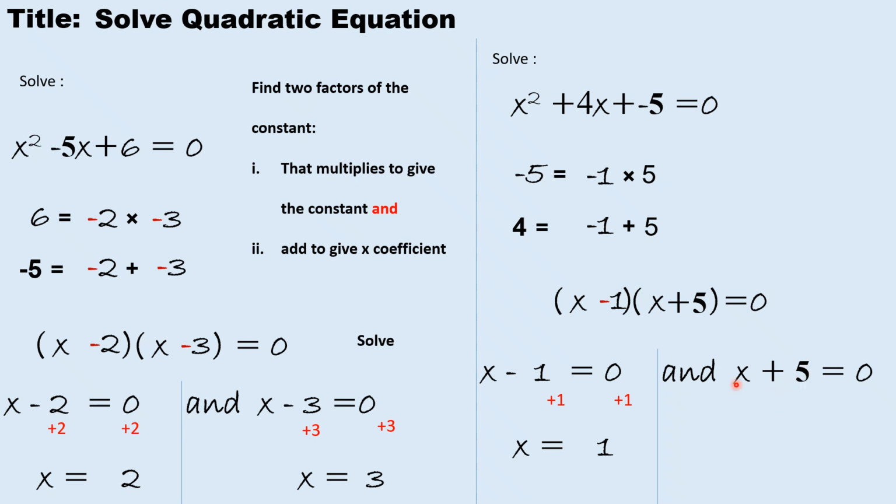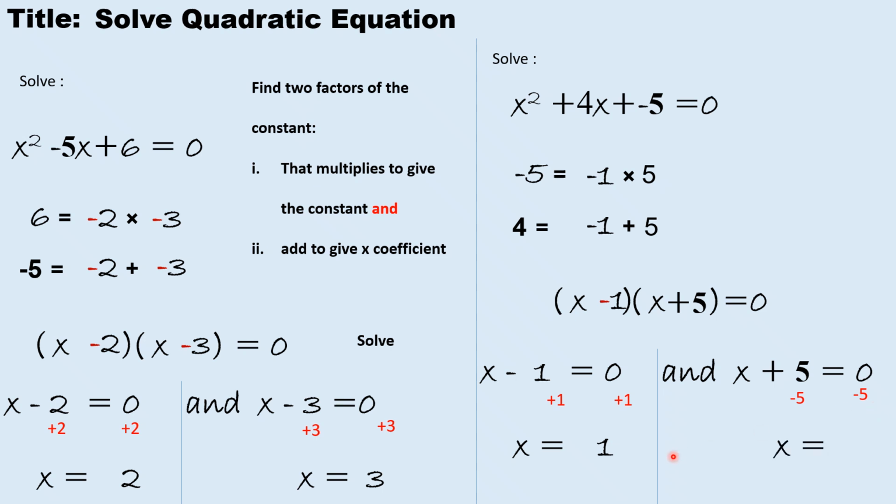Let's do this side. Undo the last operation done to x. So here we have x add 5, and the reverse of add 5 is subtract 5. And remember, subtract 5 from your left-hand side of the equation, and you also have to subtract 5 from the right-hand side of the equation as well.